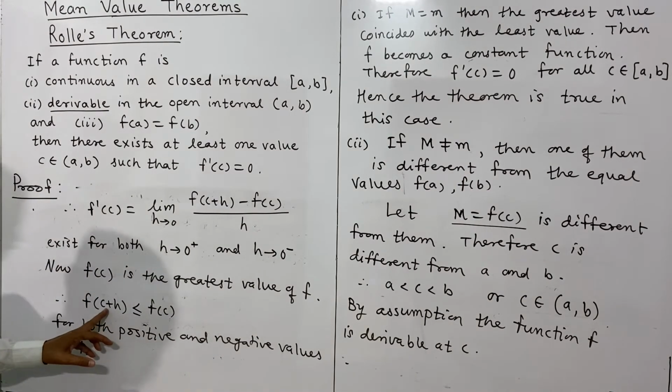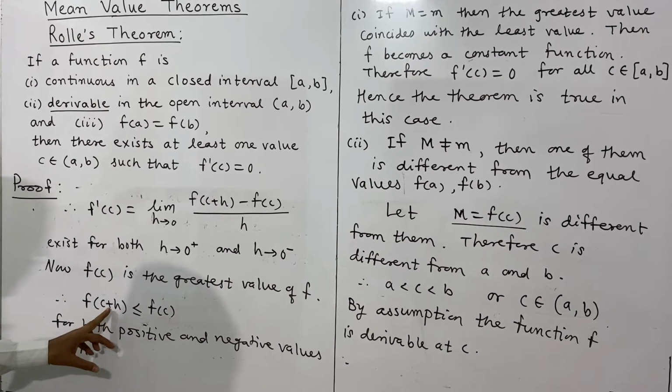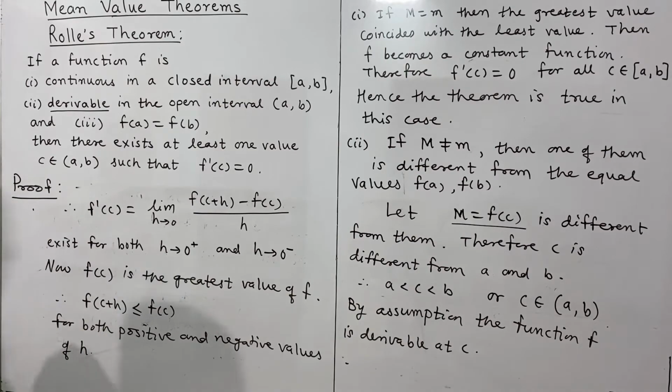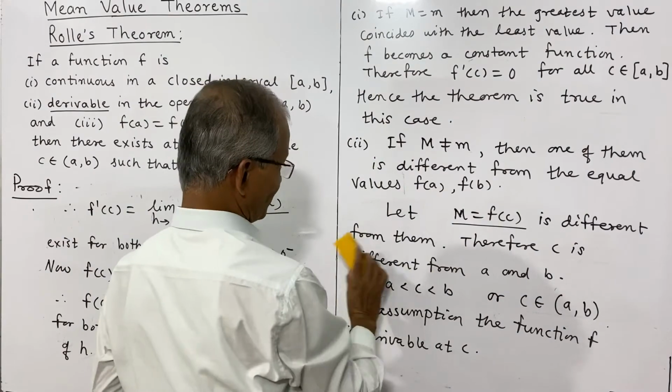What does it mean? In the neighborhood of c, the function's value f of c plus h must be less than or equal to f of c. So then we say f of c is maximum.